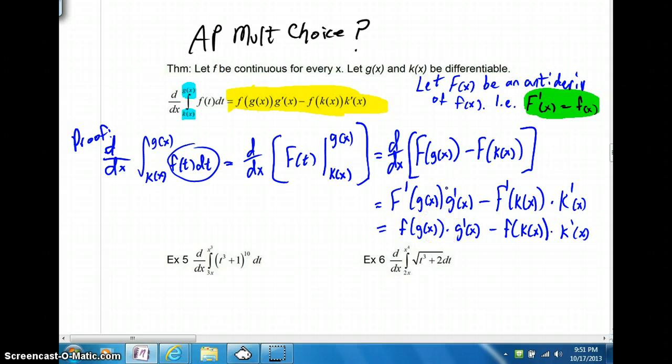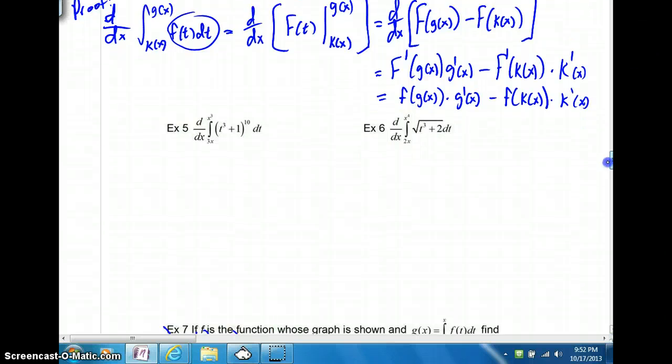Wow. I hope you can see what's happening. Let's revisit this. Plug in your upper bound into your function and then multiply by the derivative of that upper function, g prime. Then subtract, plug in the lower bound into your integrand, and then multiply by k prime of x.